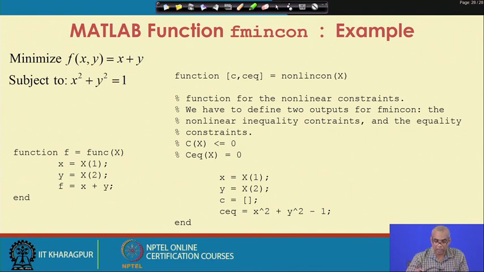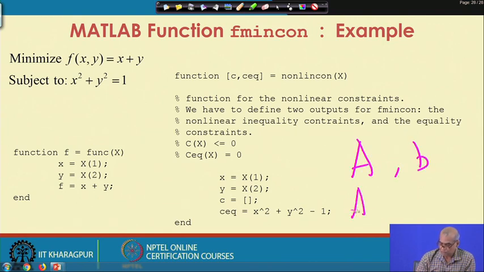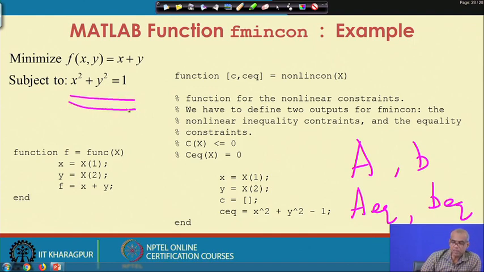So, those A, B, A equality, B equality are not relevant for me. They are not present, but I have a nonlinear equality constraint. So, I have to define a function for that.